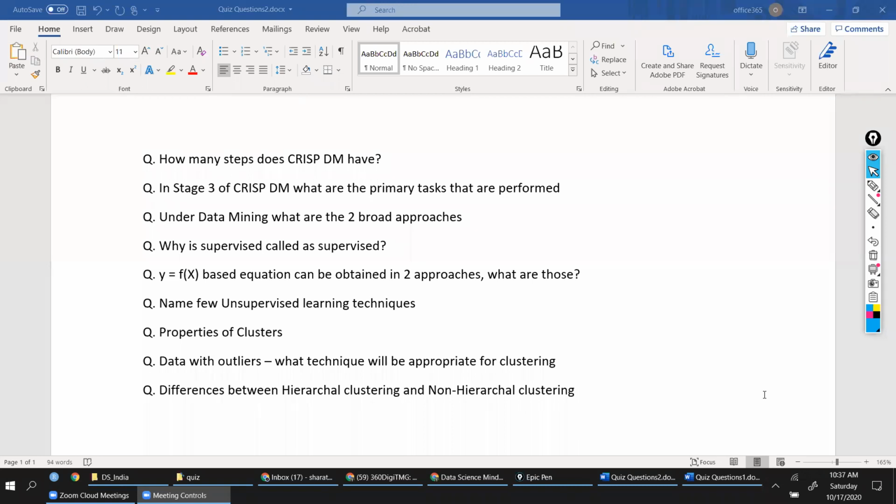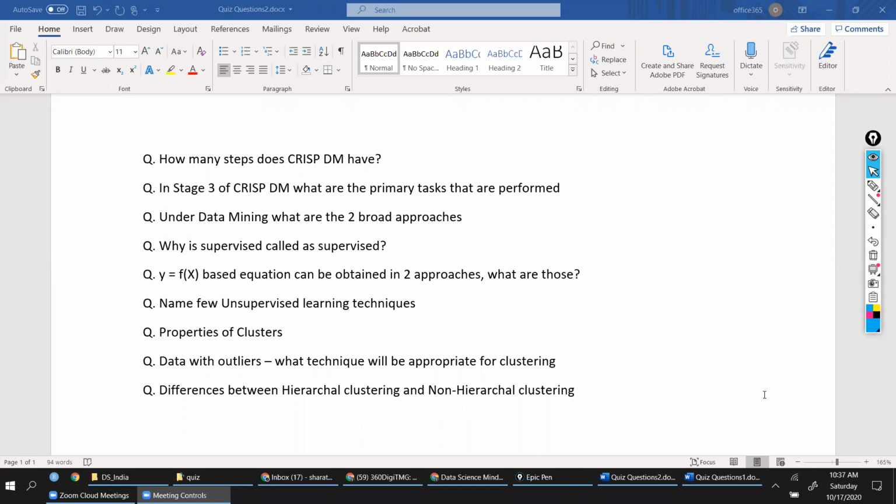Another primary difference between hierarchical and non-hierarchical clustering is the storage and the computation burden, right? The number of distance calculations that we do in hierarchical clustering would be very huge compared to non-hierarchical clustering.